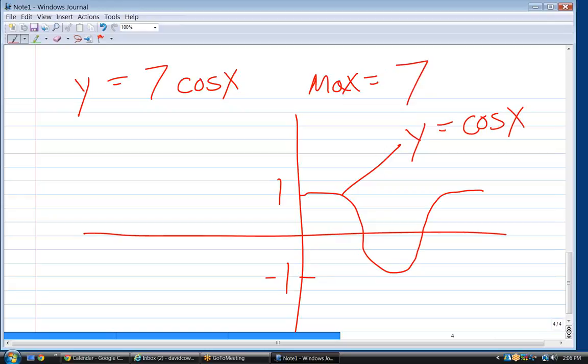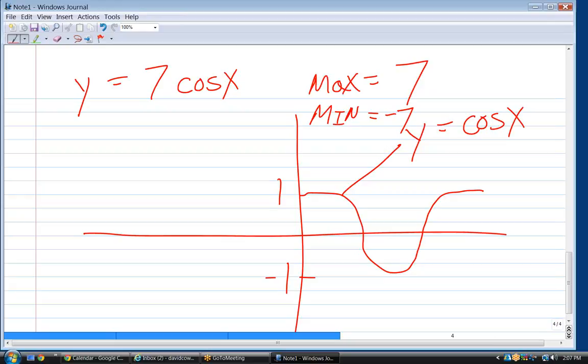Okay. What's the minimum value that y can have? The minimum it can have is negative 7? Yeah. In other words, cosine x bounces back and forth between 1 and minus 1. It can never be greater than 1.